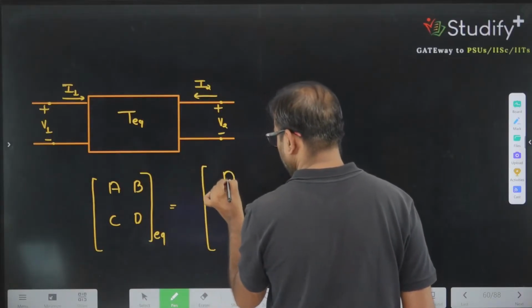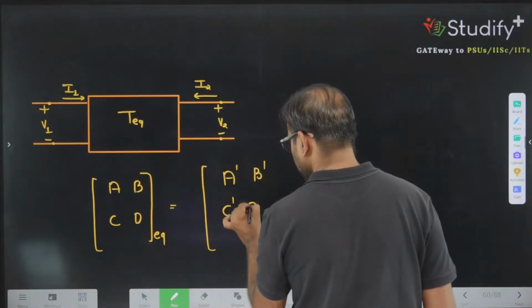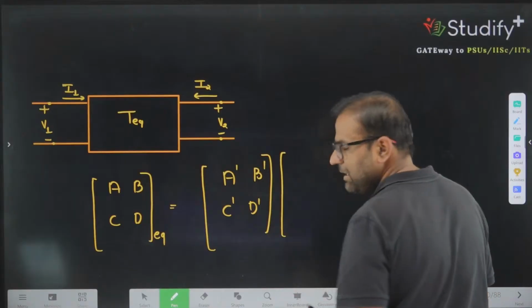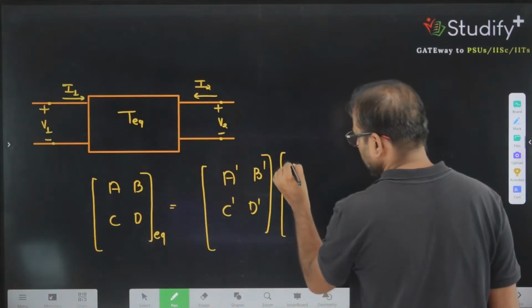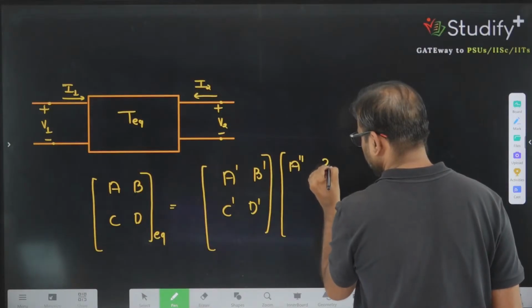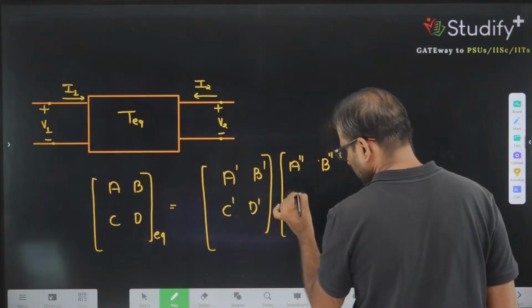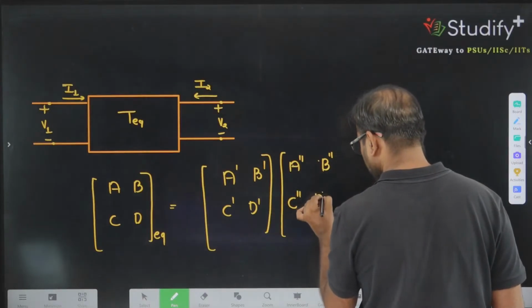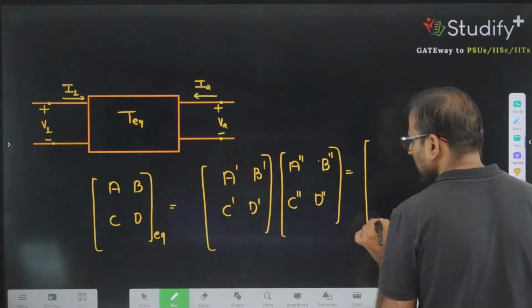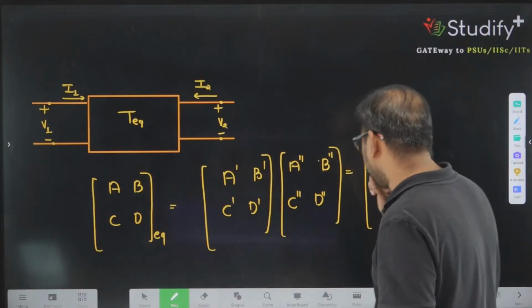A prime, B prime, C prime, D prime, multiplied by A double prime, B double prime, C double prime and D double prime. So when you multiply this, you have to multiply row by column.